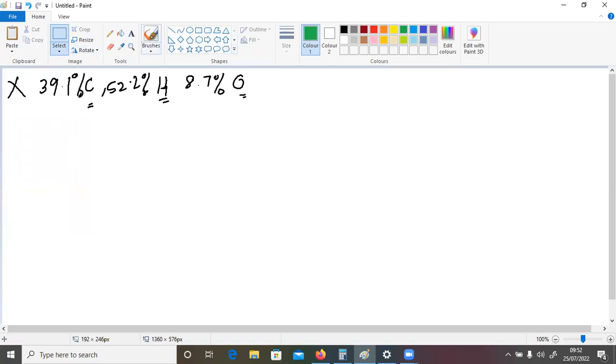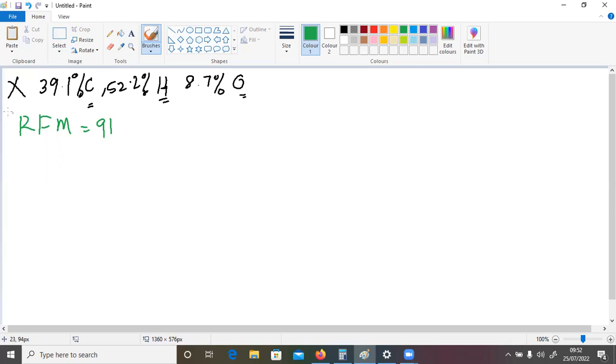So let's continue. If the relative formula mass is 91, what is its empirical formula and its molecular formula? And try to identify what compound it is.